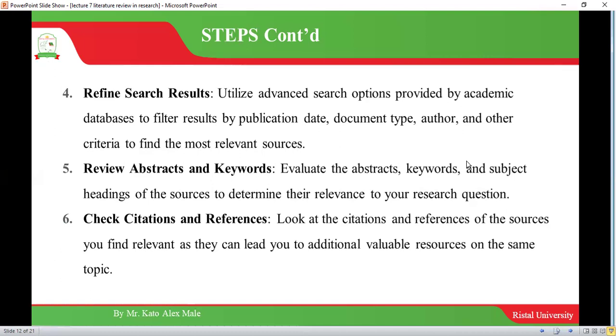Here they want you to evaluate the abstracts, keywords. We are going to see abstracts when it comes to research methods too. They want you to evaluate the abstracts, keywords, and the subject headings of the sources to determine their relevance to your research question. Yeah, I guess that one is clear. An abstract is like a summary of the whole document.